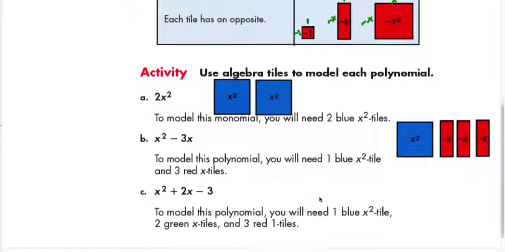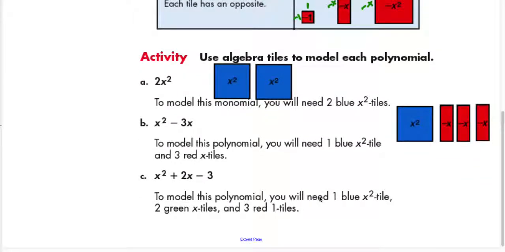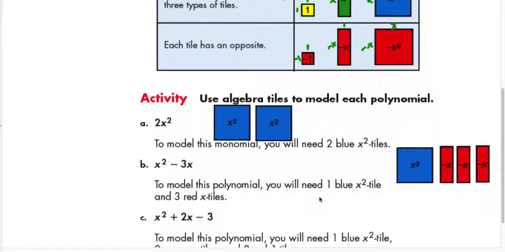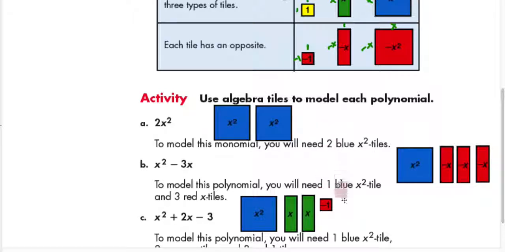Let's model x squared plus 2x minus 3. Again, x squared is positive, so we get one blue tile, x squared. Plus 2x, that's positive, so two green tiles. And then minus 3 means 3 -1 tiles.